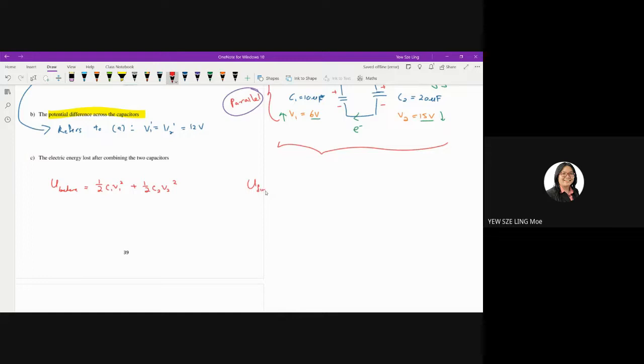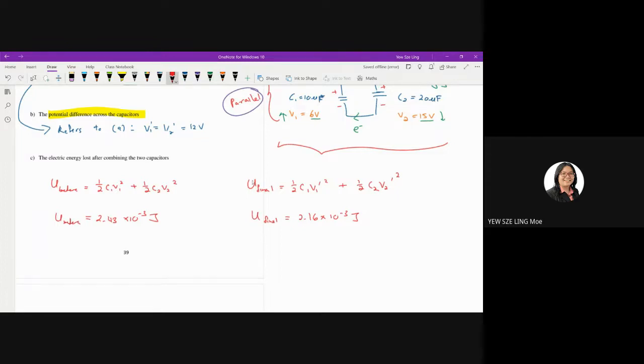And then U final is equal to 1 over 2 C1 V1 prime square plus 1 over 2 C2 V2 prime square, right? If you got it right, your initial total energy should be equal to 2.43 times 10 to the power of negative 3 joule. Your U final should be equal to 2.16 times 10 to the power of negative 3 joule.